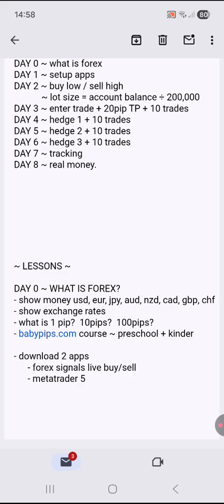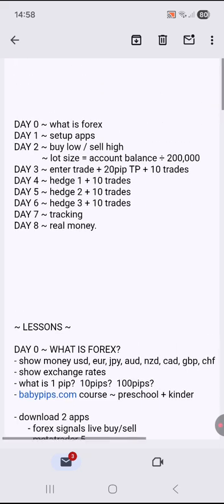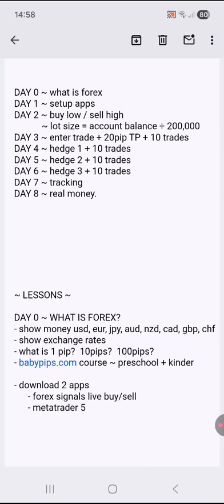Okay, so what did I teach you today? I showed you the basic course outline of what we're doing and our day zero. What is Forex? I showed you the different banknotes of the currencies that we trade. I showed you the exchange rates for each of those currencies around the world, the 5 or 6 major currencies that we do trade.